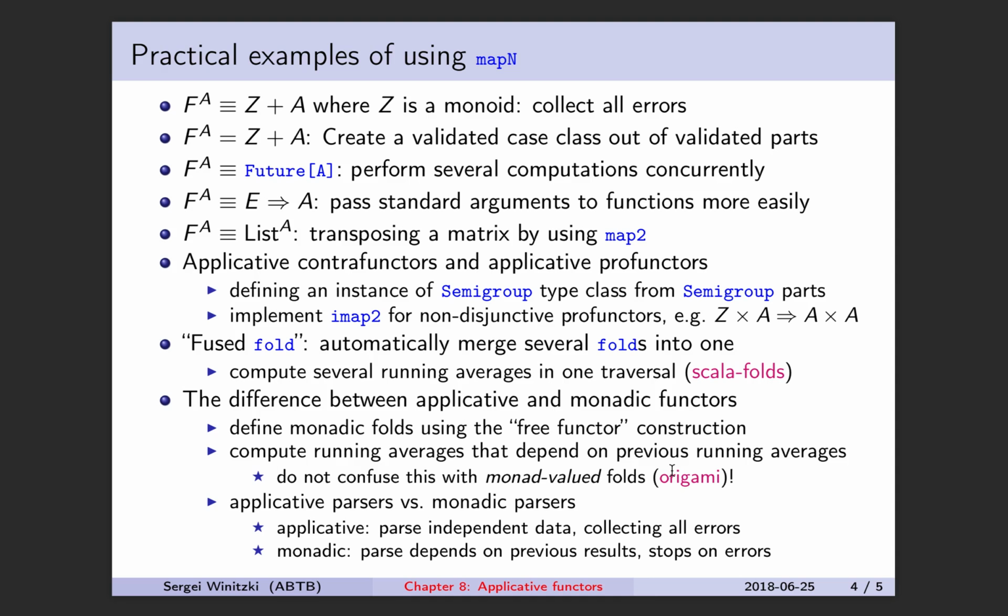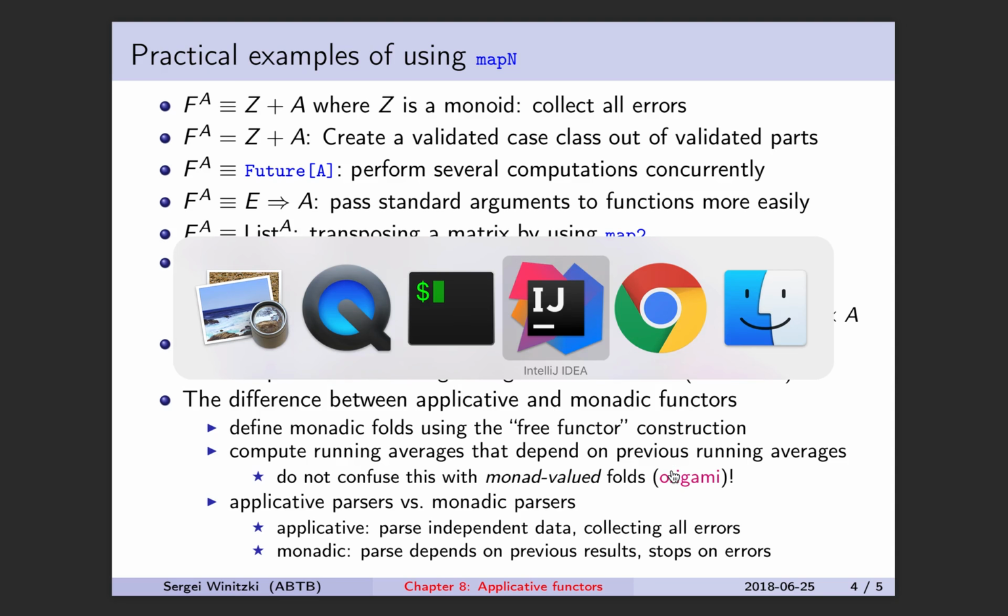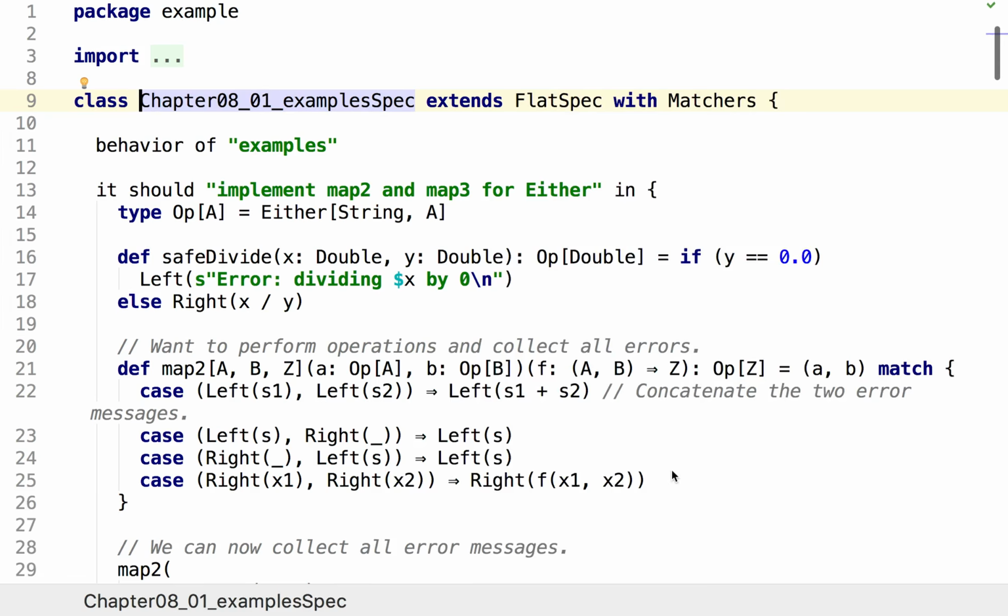So what are examples where we want to use such things? Let's look at the example code. So the first example is the either type.